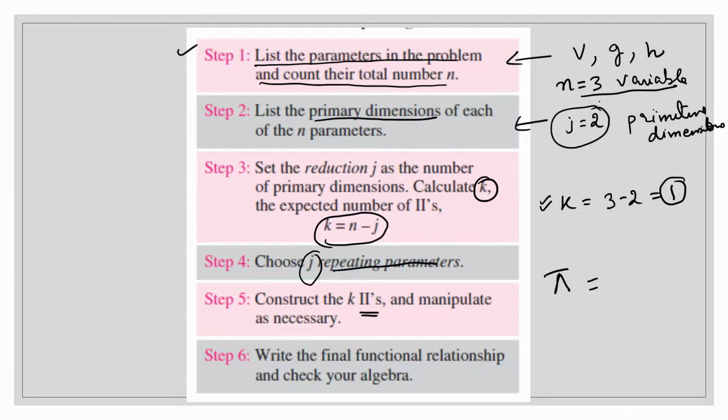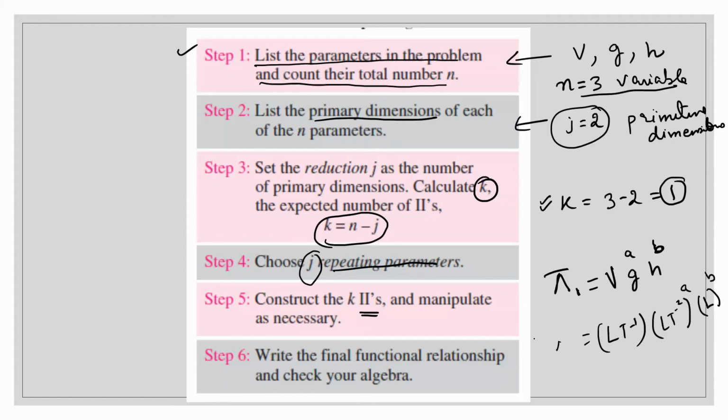You can consider them as G and H. Now we have to find out the exponents a and b. For V, we have dimensions LT to the minus 1, and for G we have dimension LT to the minus 2 to the power a, and for H we have dimension L.